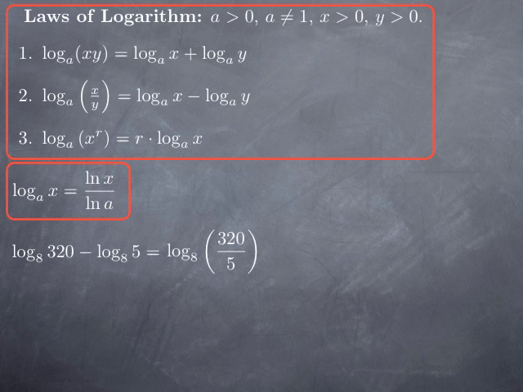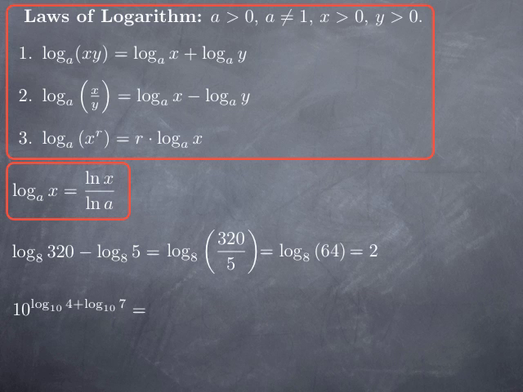The 320 divided by 5 is 64. Now we have the log of base 8 of 64. Now what is that? This would be the power to which I have to raise the number 8 in order to get 64. But since 8 squared is 64, that means this log is just 2.